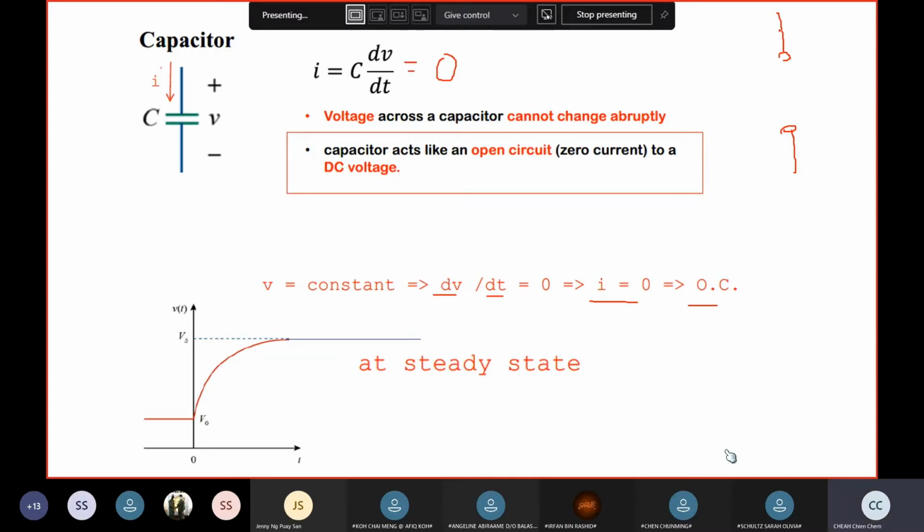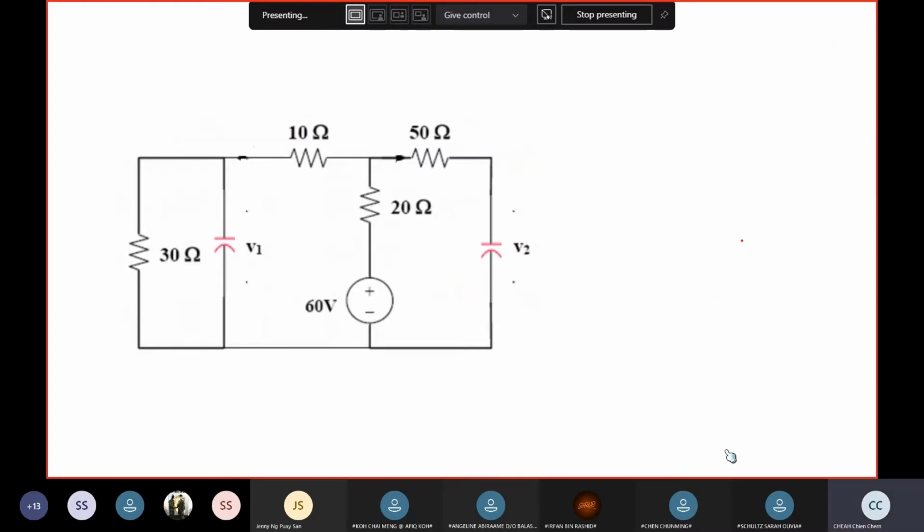While a short circuit means this, right? Voltage is equal to 0. Resistance is equal to 0, a conductor. So given these circuits, under DC conditions, these two capacitors will behave like open circuits.